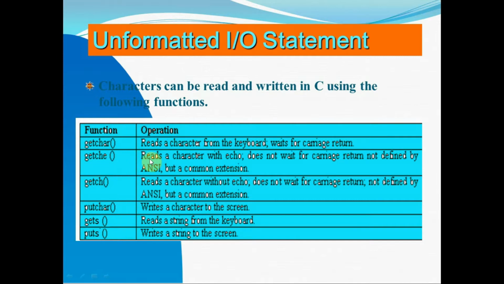Getche reads a character with echo, does not wait for carriage return, not defined by ANSI but a common extension. Getch reads a character without echo, does not wait for carriage return, not defined by ANSI.